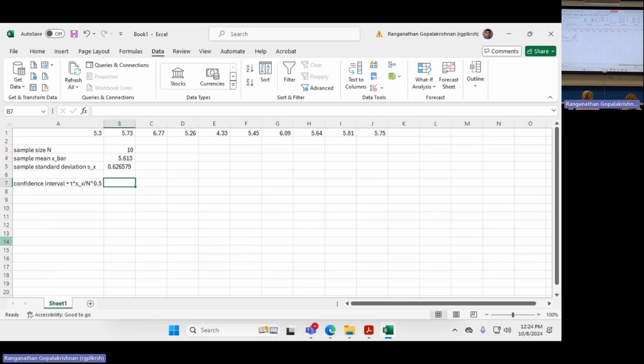Okay, so Sx is given as 0.62. So this is 0.62 divided by square root of 10 or n. And then I also need the t statistic, which I'll say is in this cell right here.